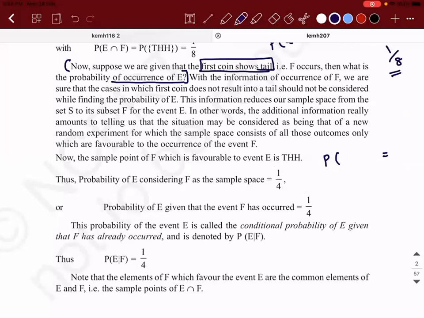So probability of E given F. So what is the meaning of this? Which one will be taken? E when F occurs. So it is the probability of you getting E, knowing that F has occurred.